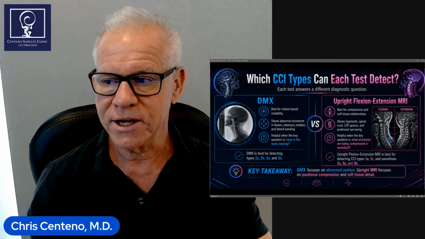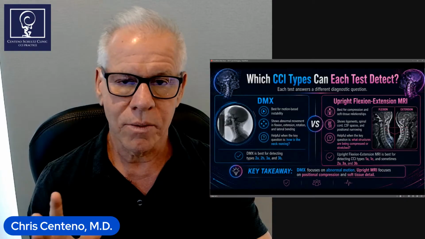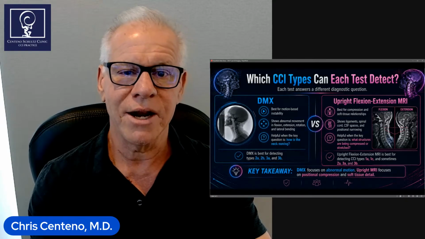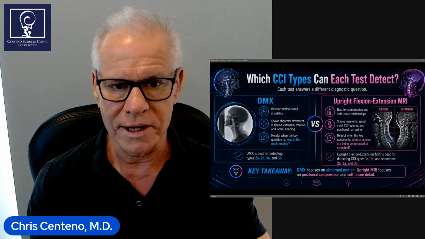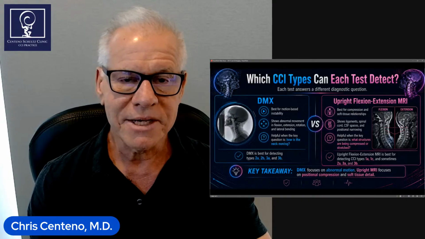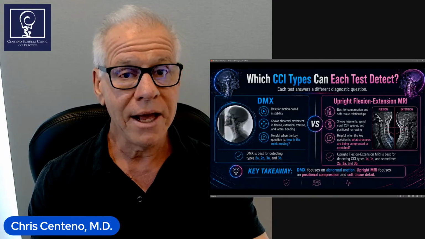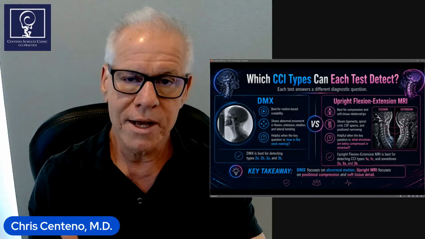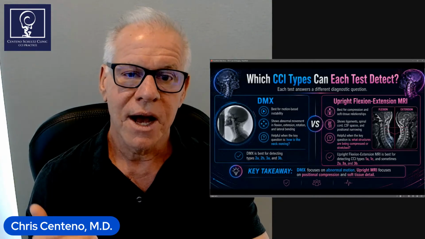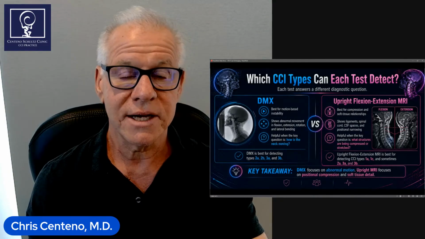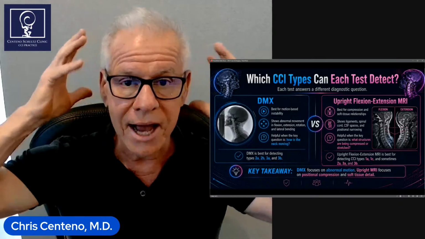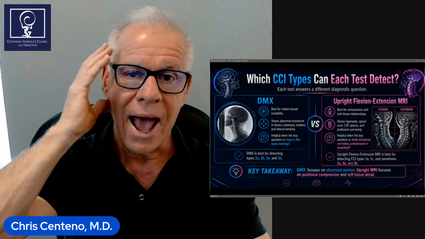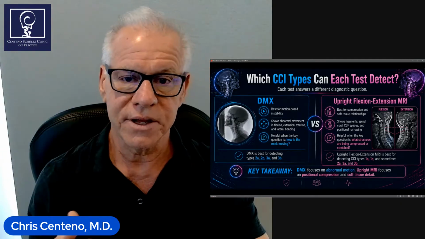Then we go to upright flexion extension MRI. Where does it really shine? It really, really shines in the type 1s. The most common type 1s out there are type 1A. That's where the head rotates too far forward and we get that very low clivoaxial angle. Another area where it shines is type 1C, and that's where you've got the sliding motion happening at the skull relative to the neck.